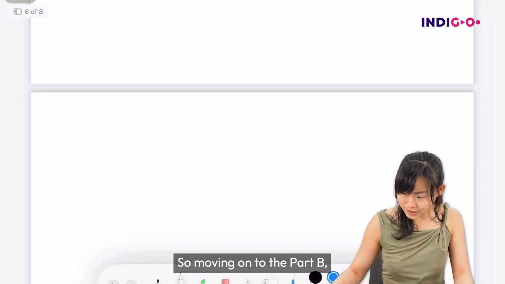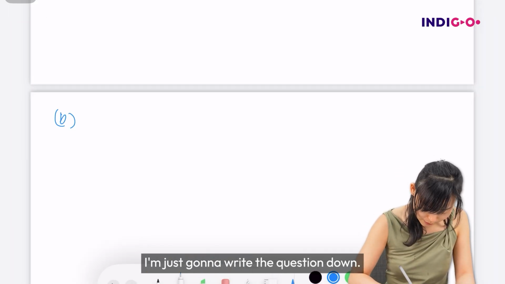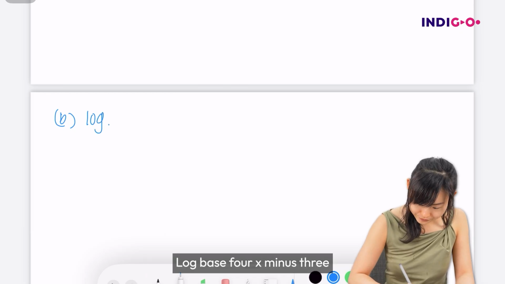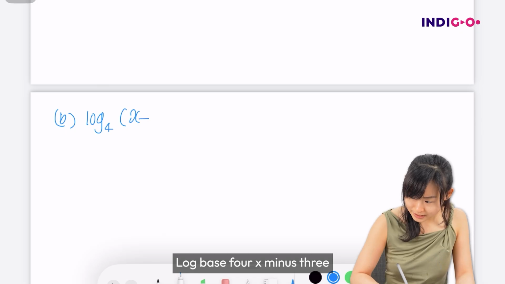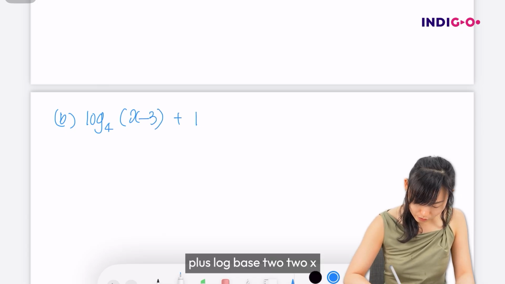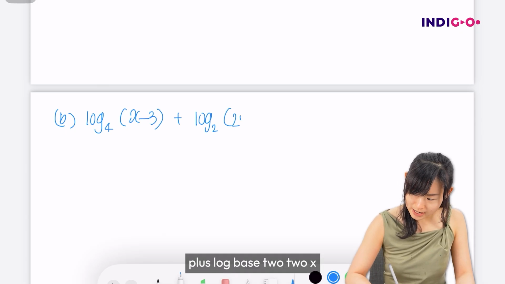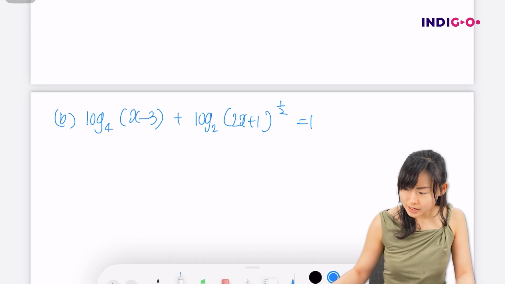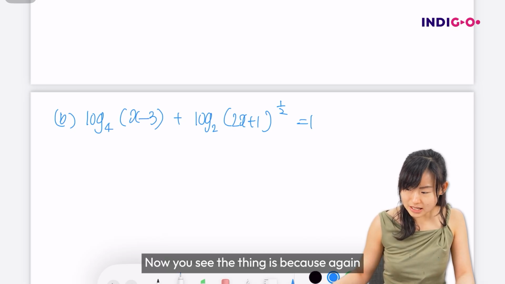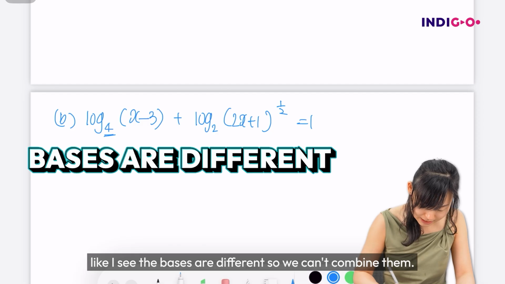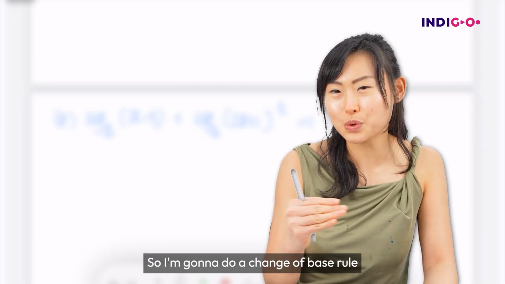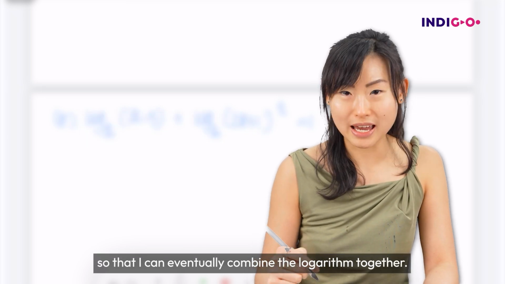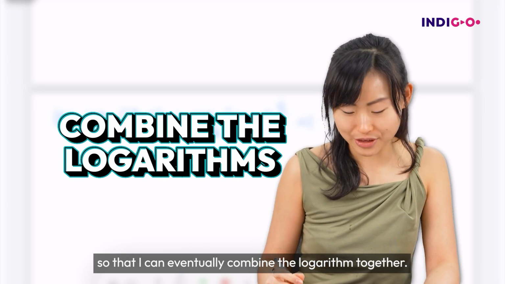So moving on to part B, I'm just going to write the question down. Log base 4 of (x minus 3) plus log base 2 of (2x plus 1) to the power of half equals 1. Now, the bases are different so we can't combine them. So I'm going to do a change of base rule so that I can eventually combine the logarithms together.